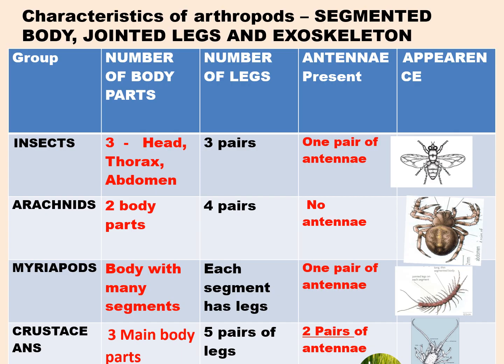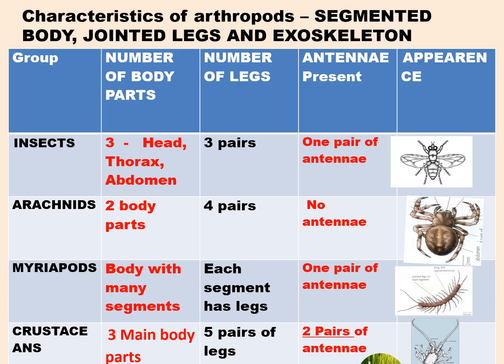The summarized table on characteristics of arthropods will help you to answer the questions related to arthropods. So if we take arthropods, they also have specific characteristics, that means segmented body, jointed legs and exoskeleton. So all have these features.